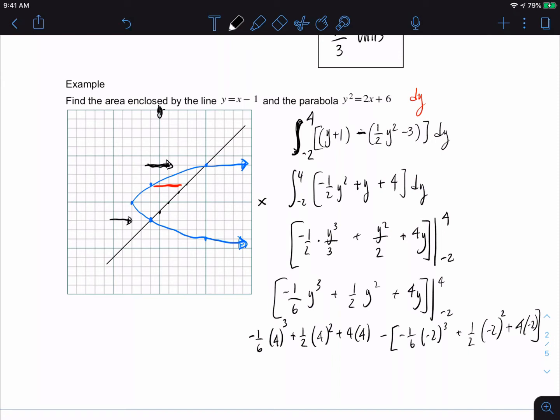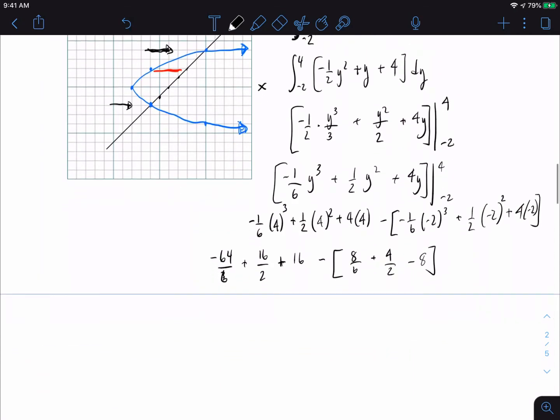So then that's going to give me a negative 64 over 6 plus 16 over 2 plus 16 minus 8 over 6 plus 4 over 2 minus 8. And then cleaning that up a little bit, I'm going to get negative 32 over 3 plus 24 minus 4 over 3 minus 6.